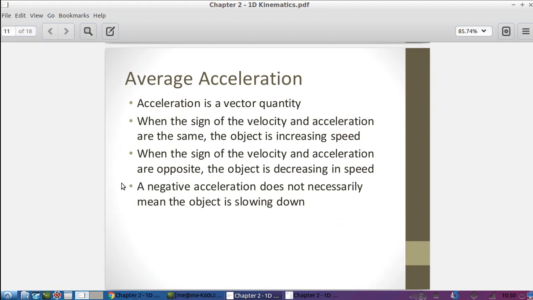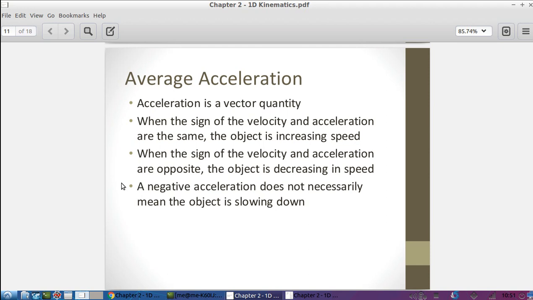So some things happen with acceleration. I want to talk about various cases on how acceleration may change our direction, or acceleration may have a different sign than the velocity. So we're going to start off with the first case. Easy case, right? I'm traveling in the positive x direction.